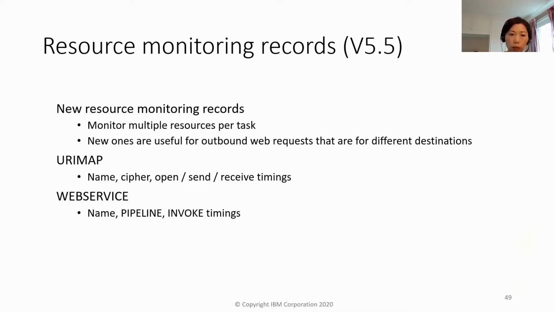For example, if one application has multiple URI maps to go to and get the response back, then you can use the resource monitoring records to monitor all these URI maps: how they perform, what the open, receive and send take, how long they take, what the name is, and what cipher suite is being used. It's the same with web service. So with that, hope it gives you a more complete monitoring tool to see how the outbound traffic goes.